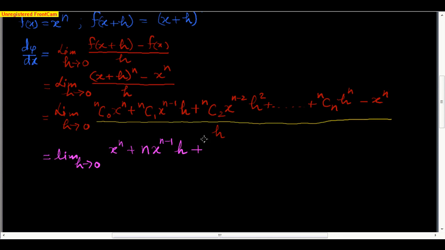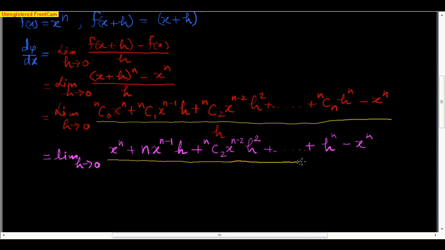Other terms we keep the same, nC2 x power n minus 2 h square, and so on, plus nCn is again 1, so it is h power n, minus x power n, divided by h.